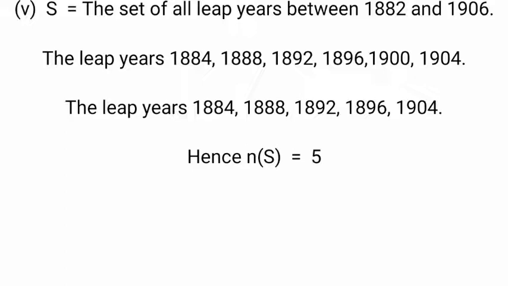Now 1900 is not divisible by 400. Therefore, it is not a leap year. Only 5 years: 1884, 1888, 1892, 1896, 1904. Hence, n of S equals 5.